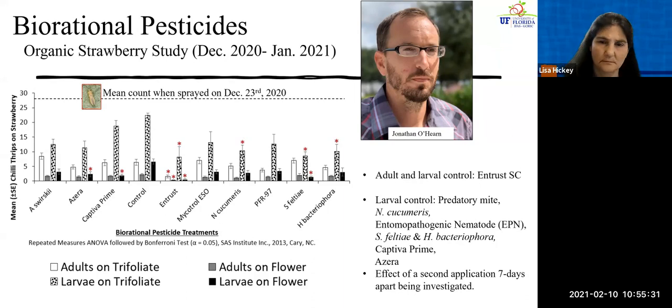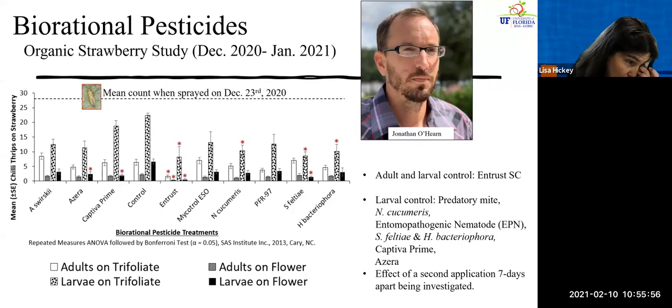Both species of nematodes tested in these trials showed a lot of promise, specifically Steinernema feltiae. Other products that showed larval control were Captiva Prime and Azera. Something to note here is that these products were applied only once during this field season so far.